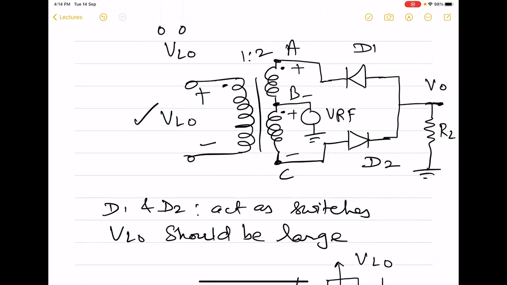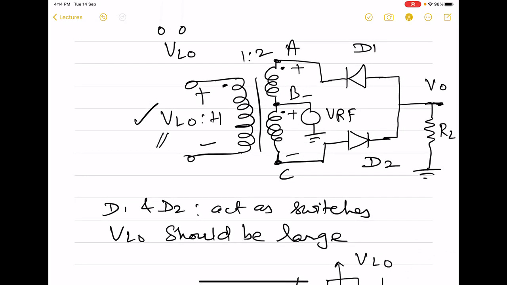Now we need to know what will be the status of these two diodes. Since we have considered LO to be high, VAC is going to be a high voltage.